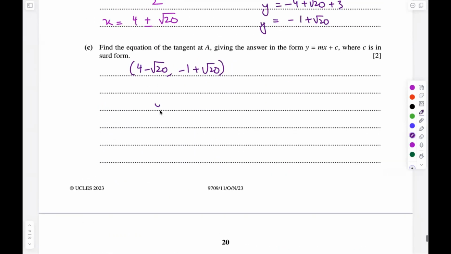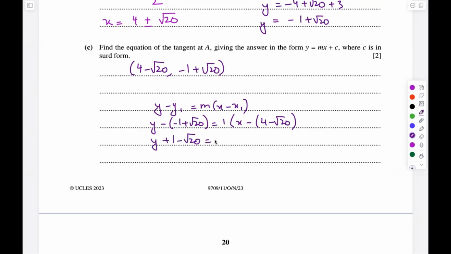Applying the formula y minus y1 equals m into x minus x1. So this will become y minus y1, which is minus 1 plus root 20, equals m, which is 1, times x minus, and this is 4 minus root 20. Simplifying this, we'll get y plus 1 minus root 20 equals x minus 4 plus root 20. And as it is multiplying by 1, it will remain as it is.